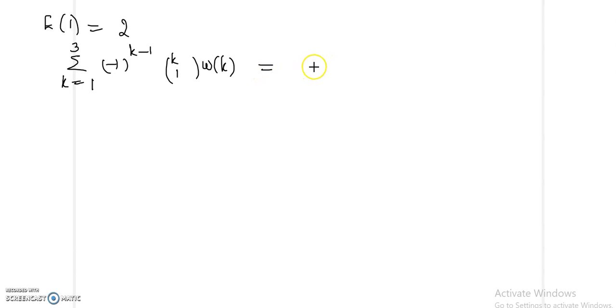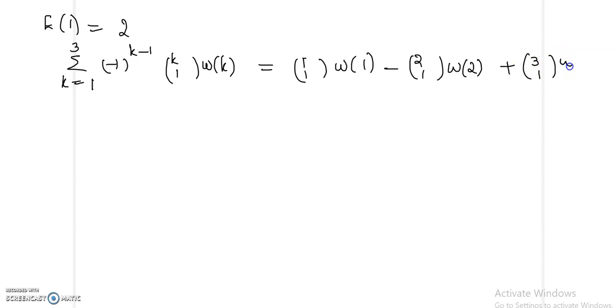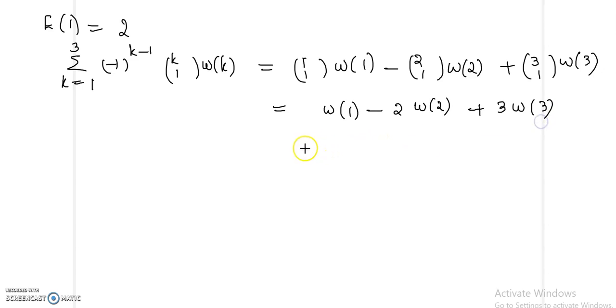So when k is equal to 1, you will get 1C1 omega of 1, minus 2C1 omega of 2, plus 3C1 omega of 3. So that will be omega of 1 minus 2 omega of 2 plus 3 omega of 3.